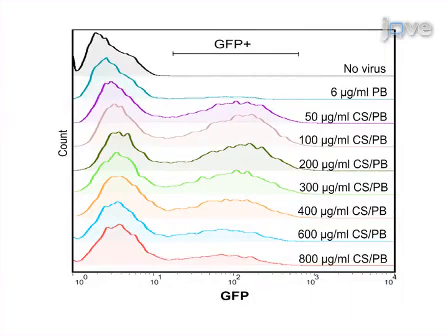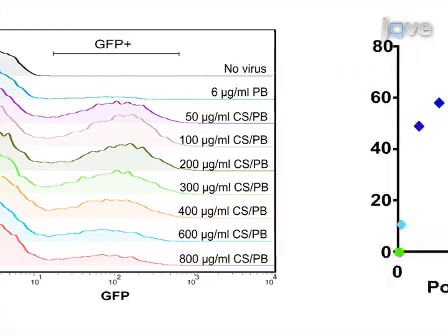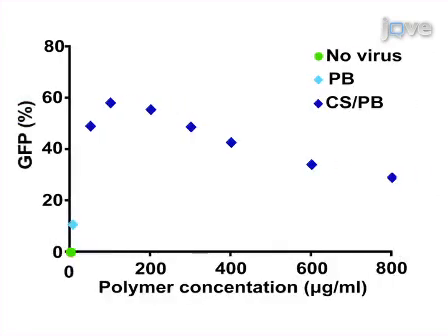FACS analysis of HDFs transduced with virus plus various concentrations of chondroitin sulfate polybrene shows enhancement of transduction compared to polybrene alone. Maximum enhancement occurs at 100 micrograms per milliliter chondroitin sulfate polybrene, several-fold lower than previously reported values. Thus, it is important to optimize conditions for any given cell type.